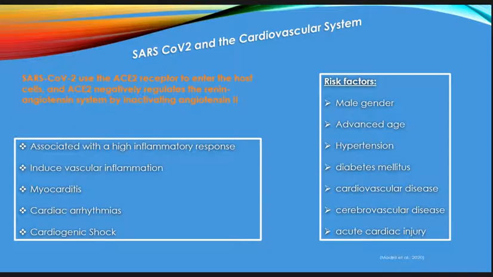It's associated with a high inflammatory response, induced vascular inflammation, myocarditis, cardiac arrhythmias, cardiogenic shock. The risk factors are male gender, advanced age, hypertension, diabetes mellitus, cardiovascular disease, cerebrovascular disease, and acute cardiac injury.